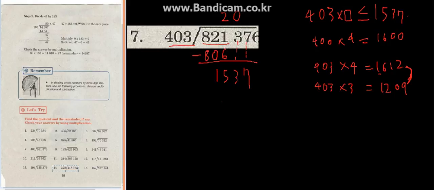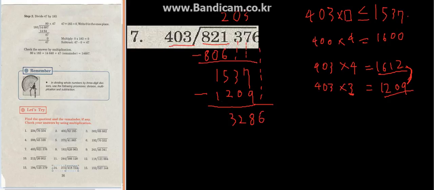This is too big, but this is just right. So we write down 3, which should be 1209. If we subtract these two numbers, it is going to be 328. And we put 6 all the way down.